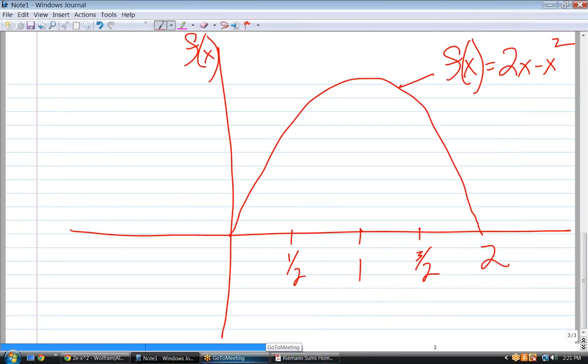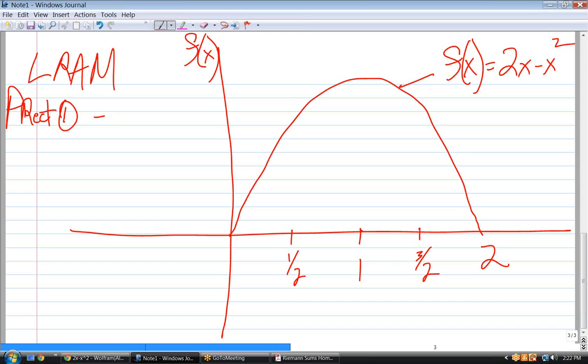So tell me what the area under this curve would be using left ram. For left ram, the first one, we go up, and I'm going to call it rectangle number 1. Area equals what?